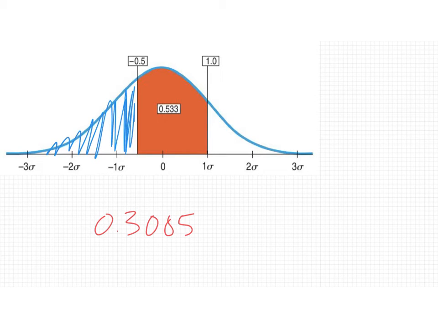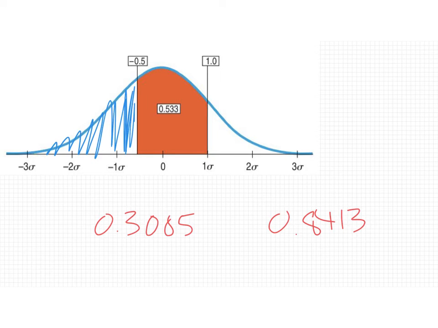And then we do our 1 standard deviation. So we can just go to 1, and this time that's the positive. We're going to look at the positive 1, and the positive side of that is going to be 0.8413. And that is now this total area.